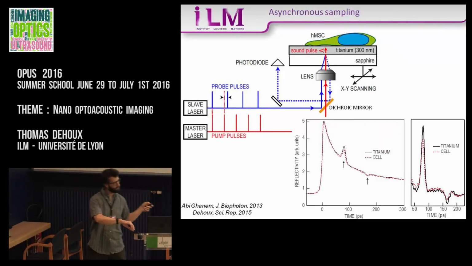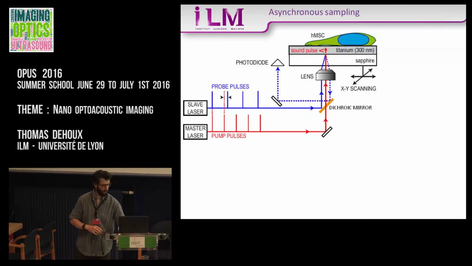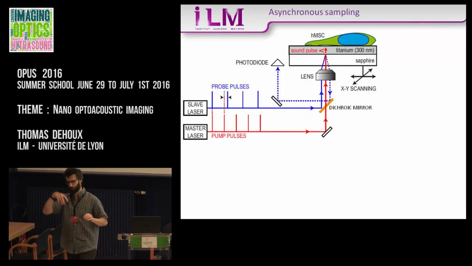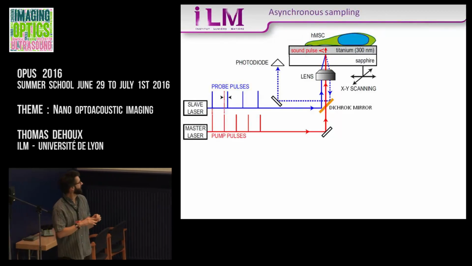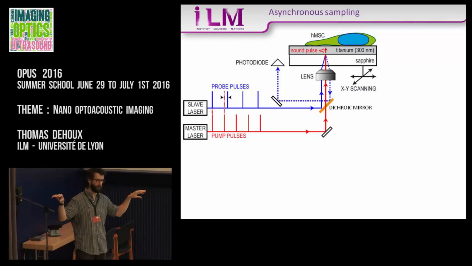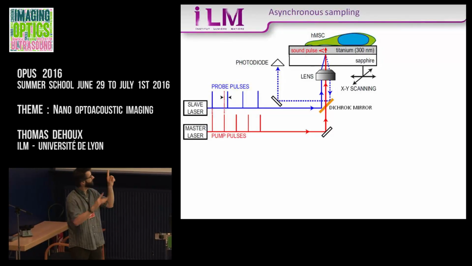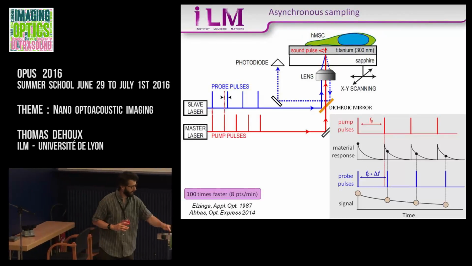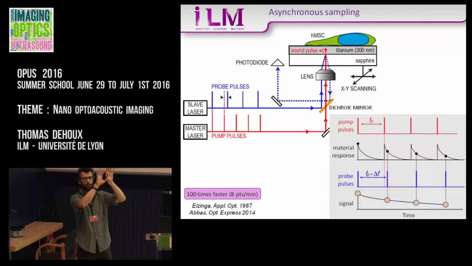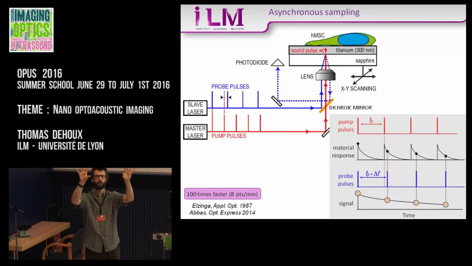Just to mention that in this experiment we're not using the delay line, we're using the asynchronous sampling that was shown this morning, but I would like to add something. You have these two trains of pulses that have slightly different frequencies.